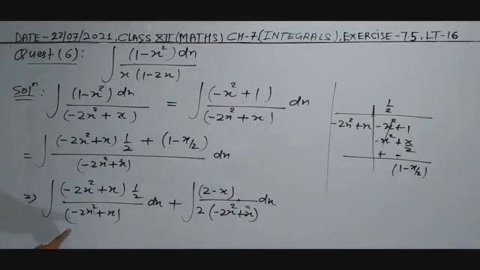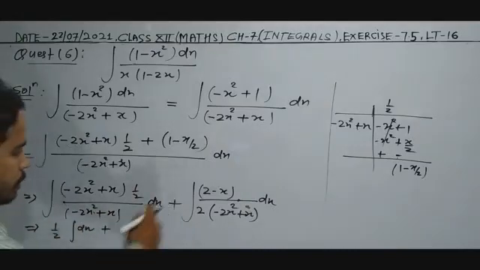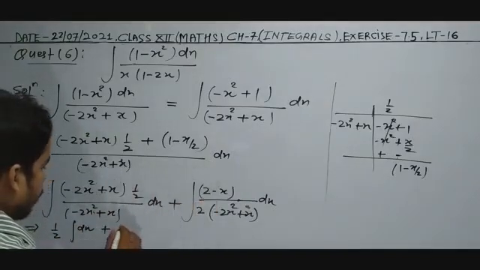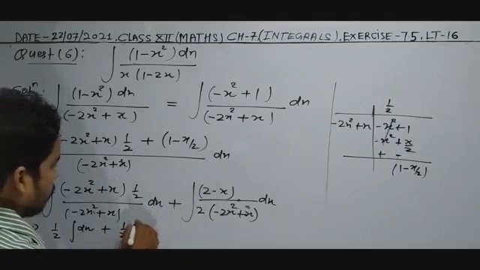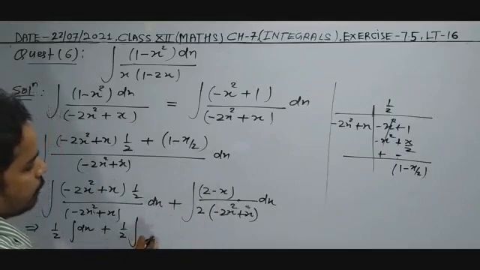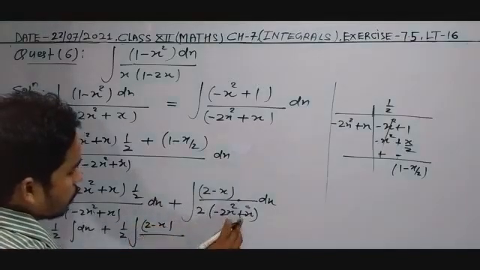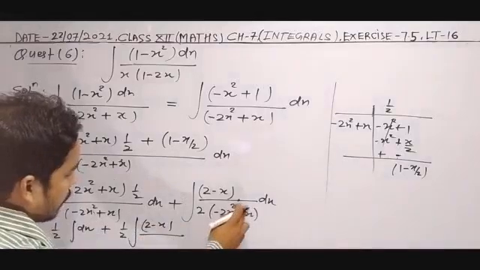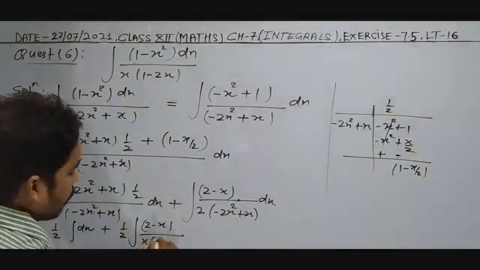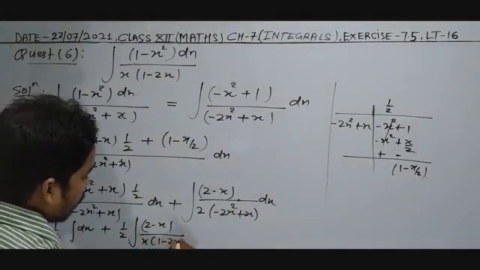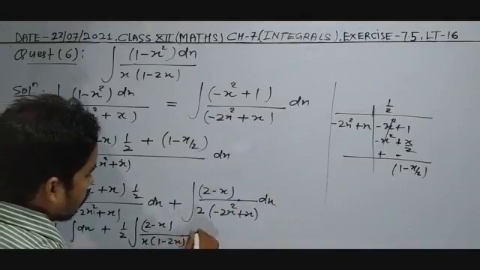So these steps we can write integration of 1 by 2 dx plus 1 by 2 times integration of (2 minus x) whole upon, after taking x common, 1 minus 2x dx.